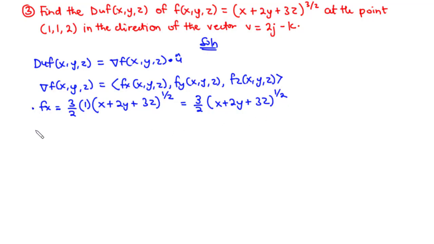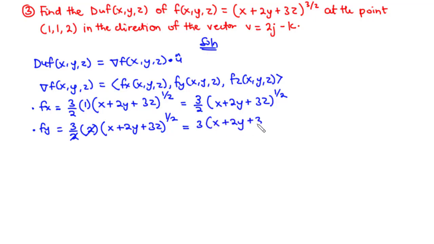So this is fx. So fy. Using the same approach, we are going to drop down the exponent 3 over 2. We differentiate with respect to y, so we have 2. When you differentiate 2y with respect to y, you have 2. And then we are going to repeat the expression inside, and then reduce the exponent by 1. So the 2 cancels out the 2. We have 3 times (x plus 2y plus 3z), all exponent 1 over 2.